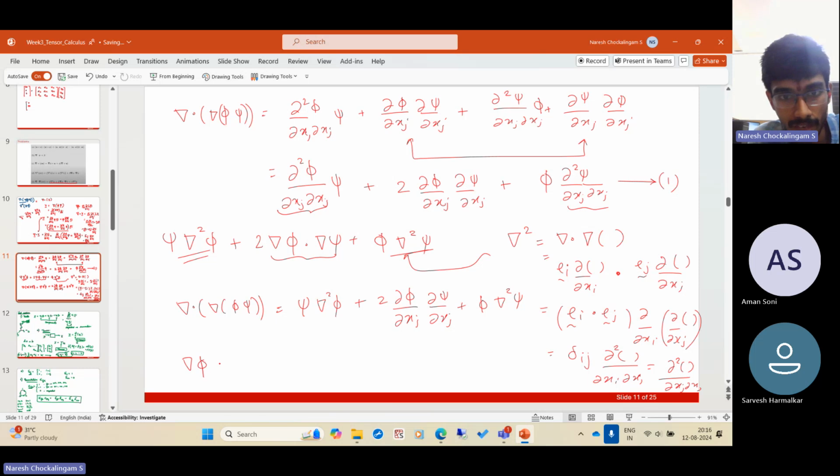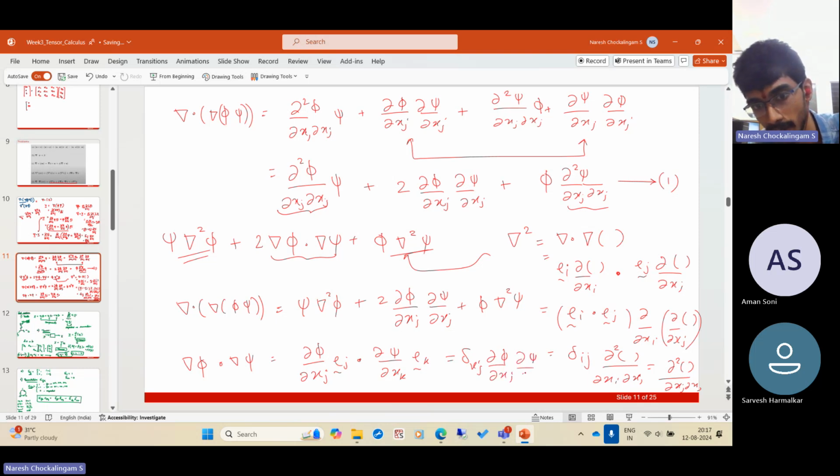What is ∇φ·∇ψ? ∇φ·∇ψ is ∂φ/∂xj ej dot product ∂ψ/∂xk ek. Again, these ej and ek are independent, you can take the dot product of them. So you get δkj ∂φ/∂xj ∂ψ/∂xk. But δkj is 0 if k is not equal to j, so the only term that survives is when j is equal to k.